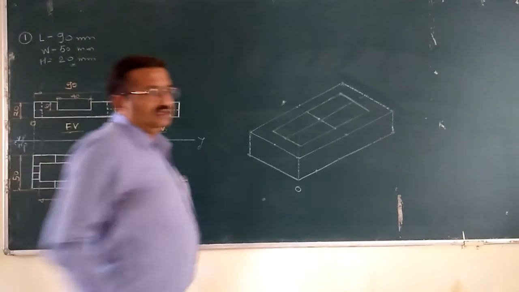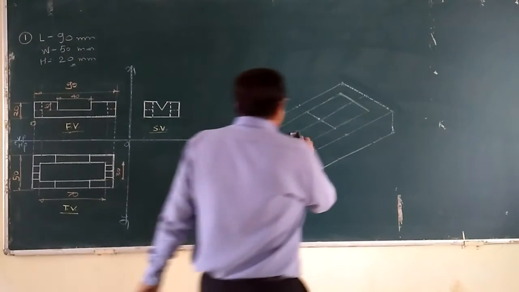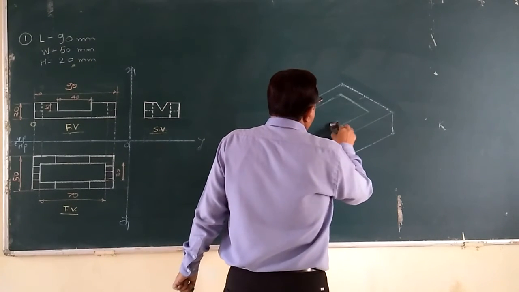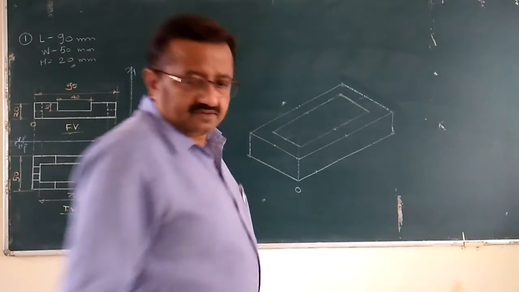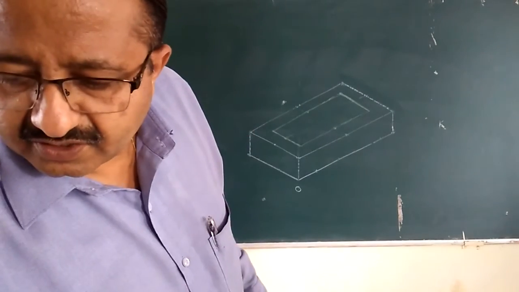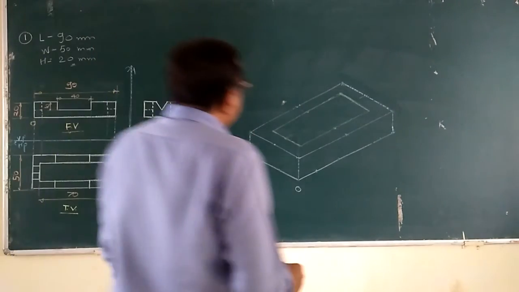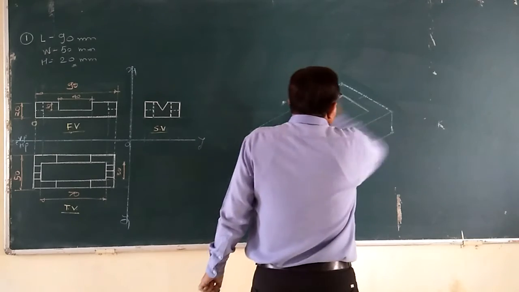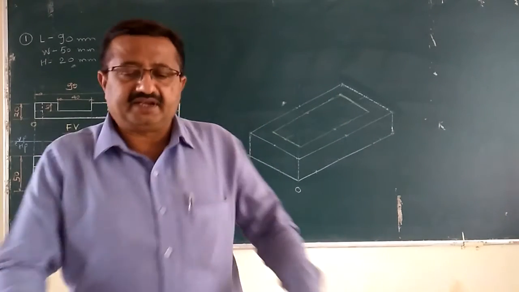This is just marking. Now what do I have to do? You just have to remove this part centrally. Dotted lines are not allowed to be shown at all. So first of all, we will make the entire thing fair here.